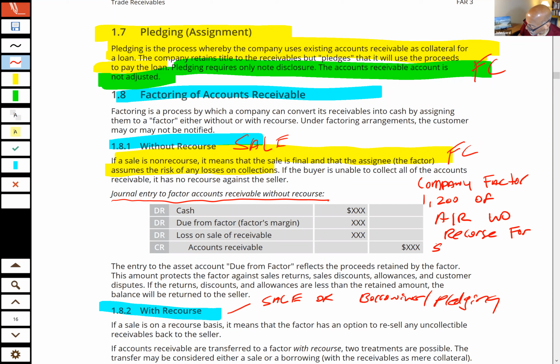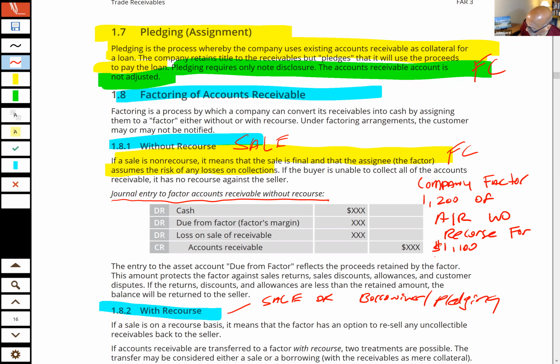Now, why are they only going to get $1,100 if the accounts receivable is 12? It's essentially a loan. There's some kind of fee associated. Yeah, well, it's not a loan because it's without recourse, but the factor, you're right, wants to make some money off of this, right? Okay, so they want to make $100.